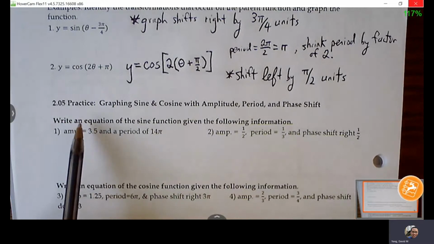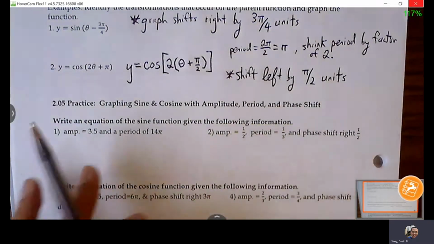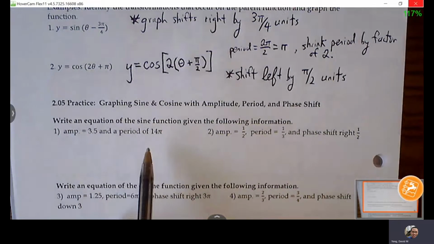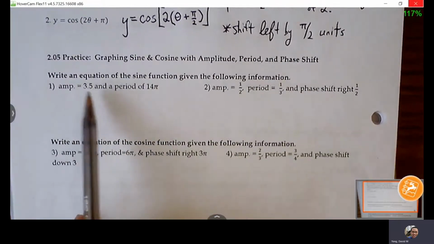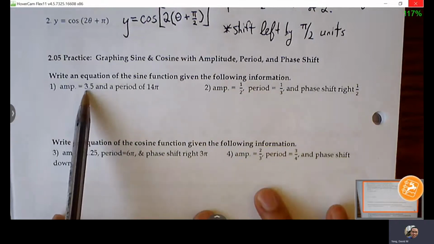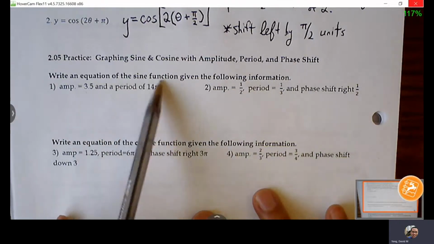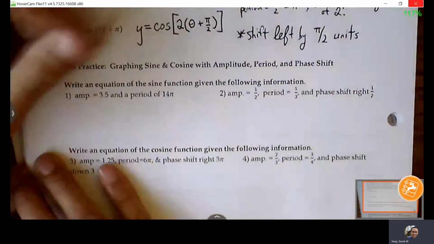So next, we want to be able to gather information and put it into an equation like how we did on the quiz. So number 1 is familiar. We don't have any changes with phase shift. So if we do this here, amplitude is 3.5, period is 14 pi. We go through our formula and we can find our b value.